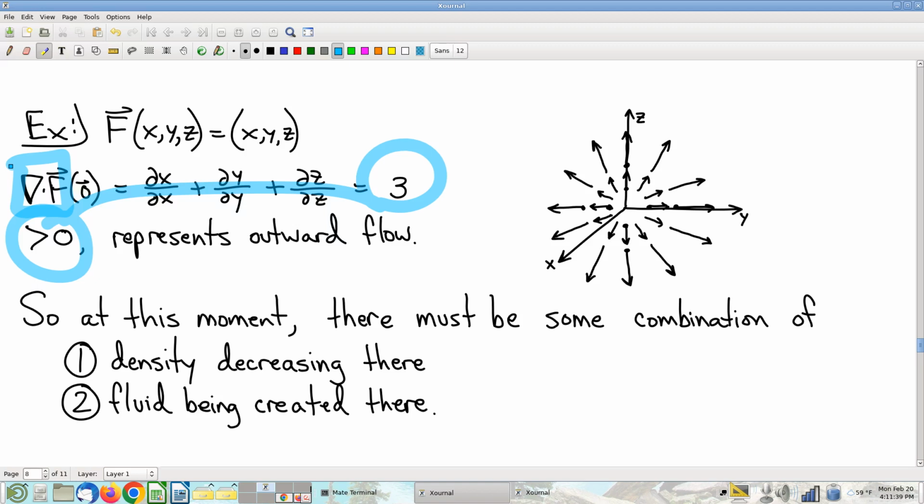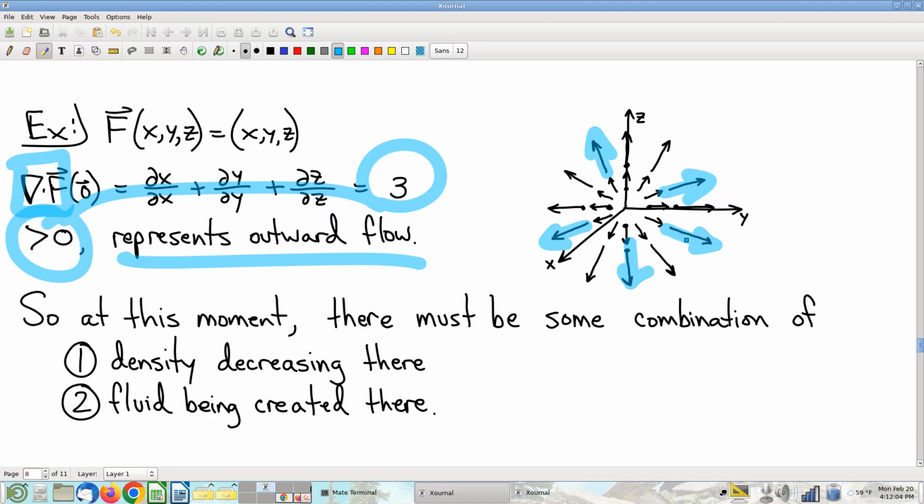Well, this says that there is a positive amount of outward flow away from where I've computed this. And notice you can see that in the vector field. If there were a fluid here, this fluid is emanating out away from the origin. Is that cool? Okay.